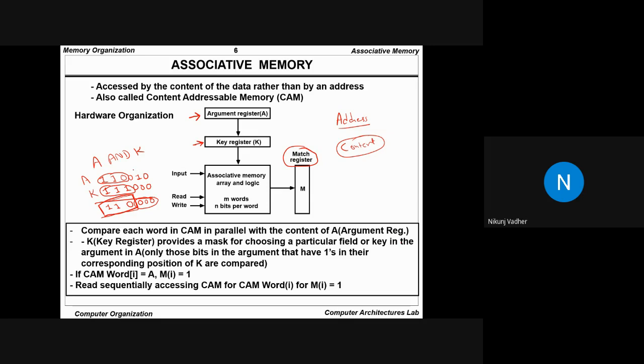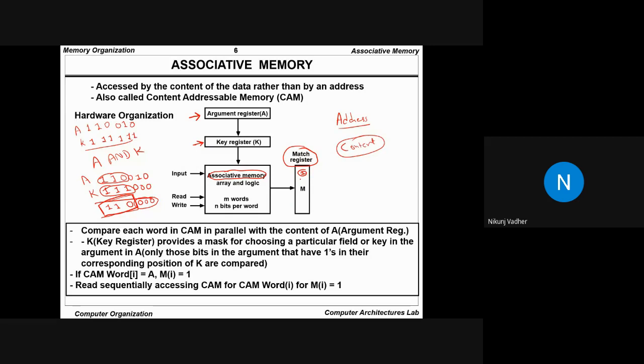Let's say if I want the full pattern 110010, then the value of key will be 111111. So all the bits of a word or a location of the associative memory will be compared, and if all the bits are matching, then for that particular word the match register value will be set to 1.